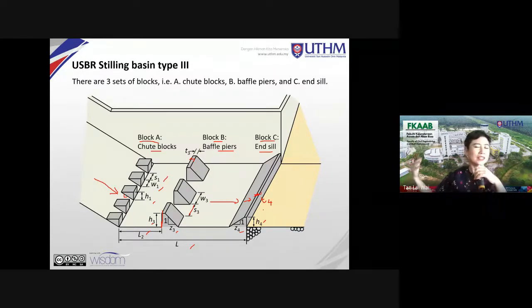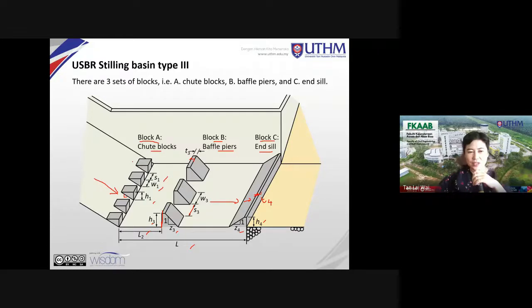Because here's the thing: when we are the engineer who designs all this, of course, you also have the contractor who wants to build this. Of course, they need to know all the dimensions. If you are missing one, the construction cannot continue, because the contractor doesn't know what the size is and things like that. Once this is known, then the contractor can proceed.